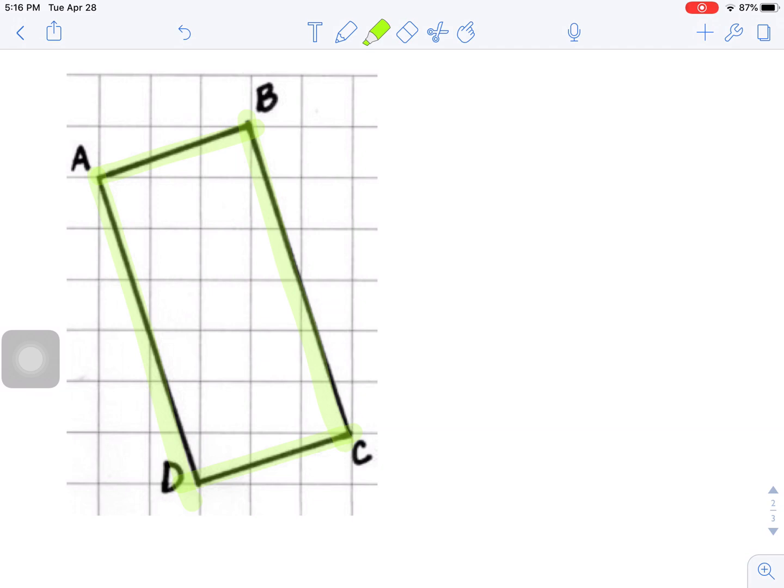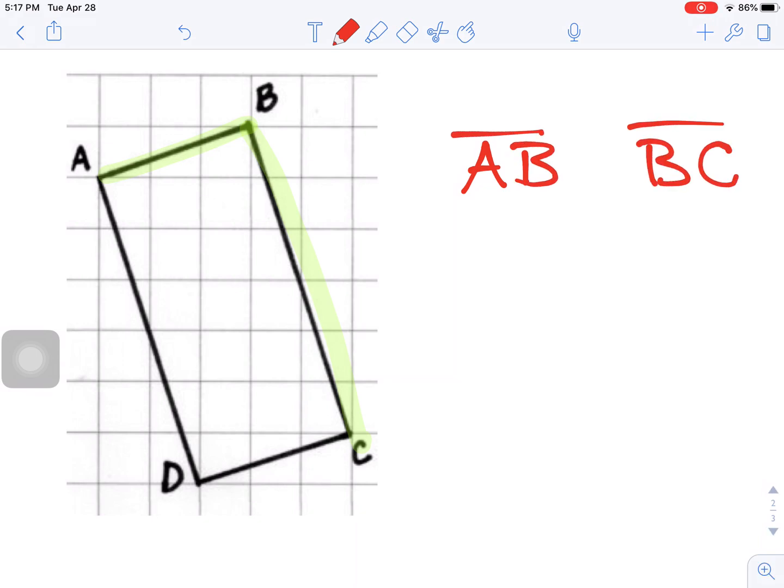Let's look at line segment AB with line segment BC. What do I notice about them? They do cross, so are they parallel? No, but they do make a perfect box or a perfect right angle, so they are perpendicular to each other.